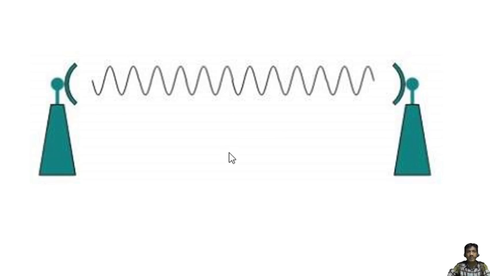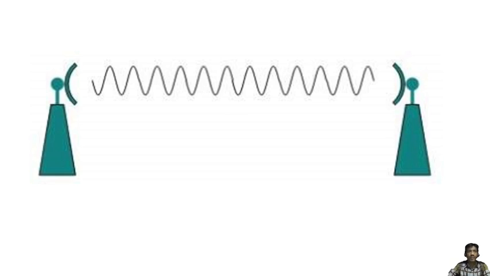The position of the transmitting and the receiving antenna must be placed in such a way that the propagating wave will be received correctly by the receiving antenna. If the transmitting and receiving antennas are not correctly aligned, the wave cannot travel correctly and cannot be received by the receiving antenna.